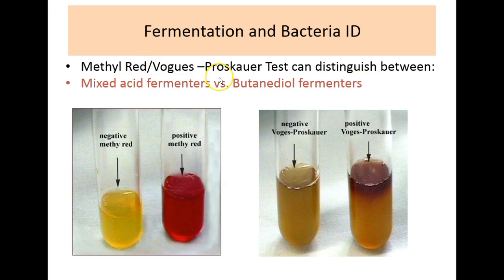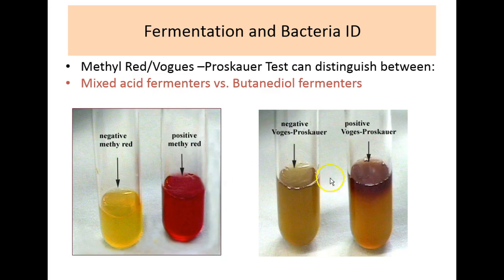In this biochemical test, the organism that is being tested will be incubated in a medium that has glucose. The organism is allowed to ferment for 24 or 48 hours. After fermentation, methyl red is added to a portion of the medium to test for the presence of acids. A positive MR test indicates the organism is a mixed acid fermenter like E. coli.